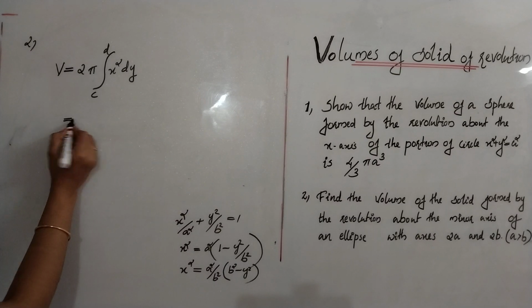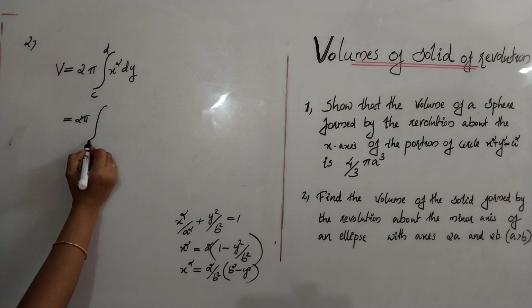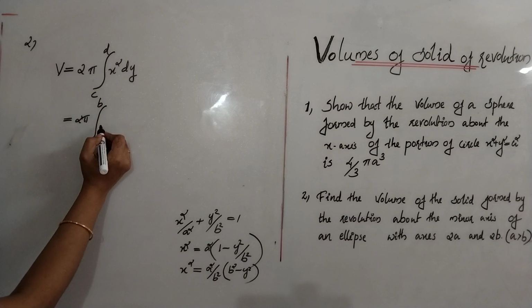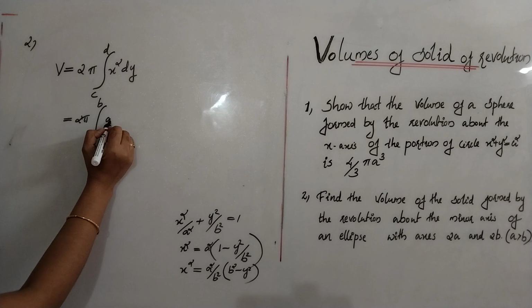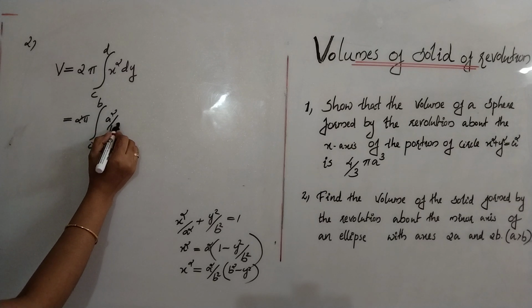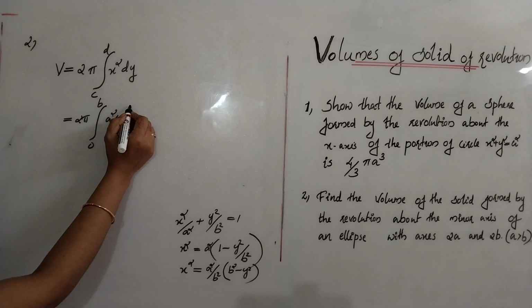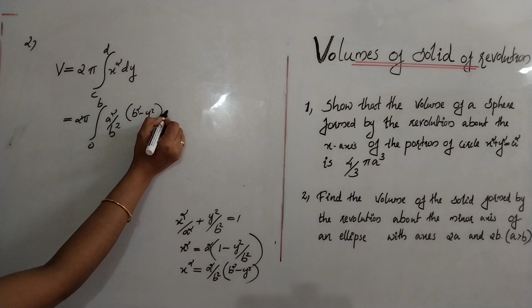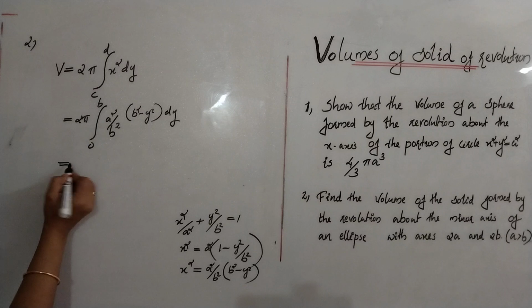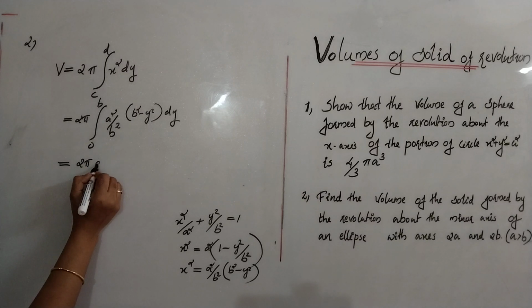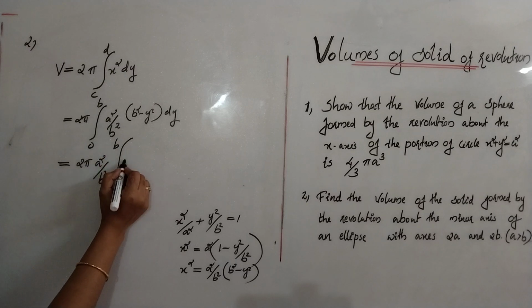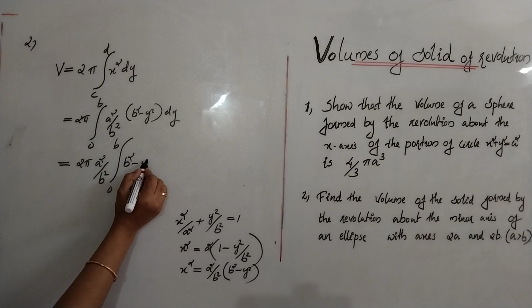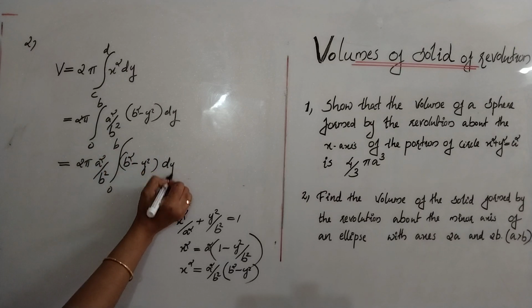The limits vary from 0 to b, 2 pi into the integral from 0 to b of x square dy, that is a square by b square into b square minus y square into dy. That is 2 pi into a square by b square into the integral from 0 to b of b square minus y square dy.